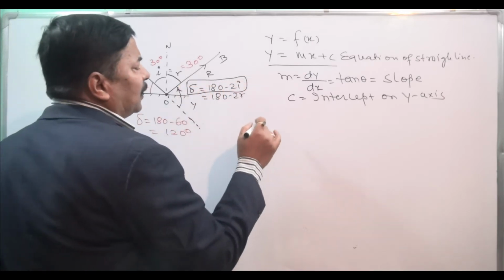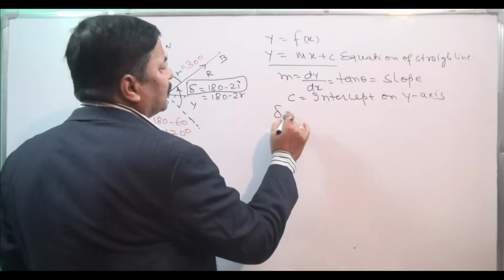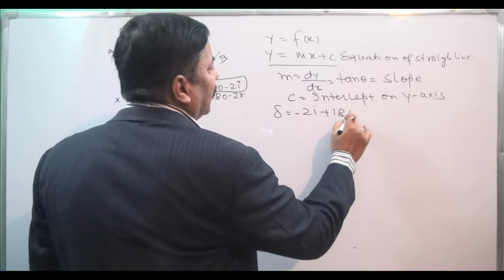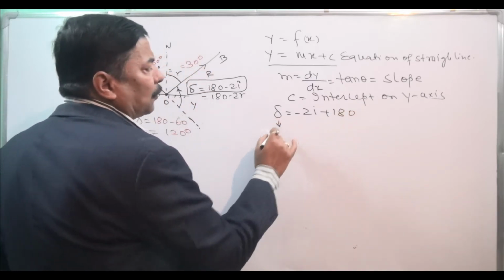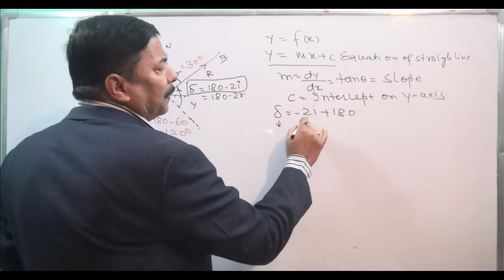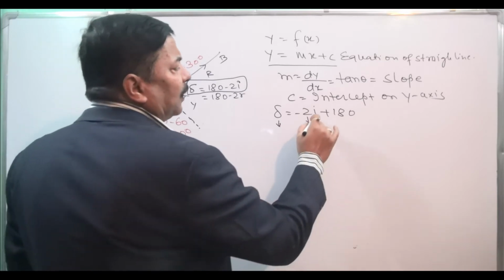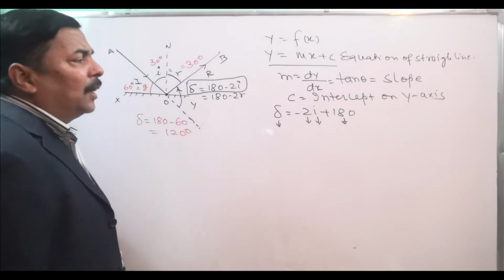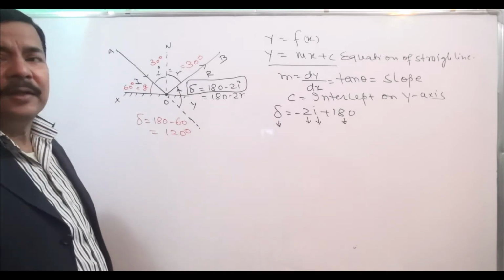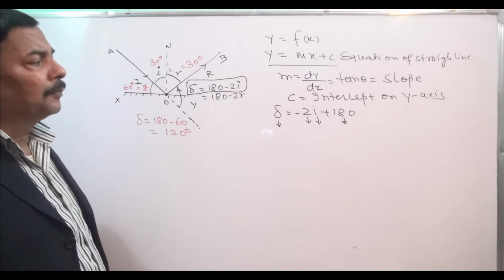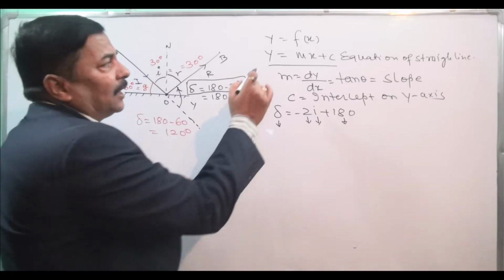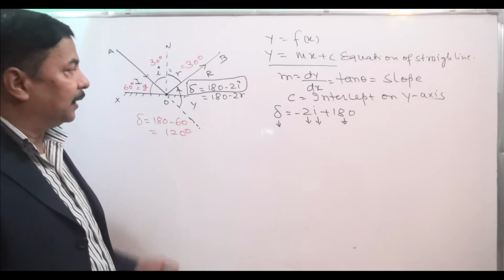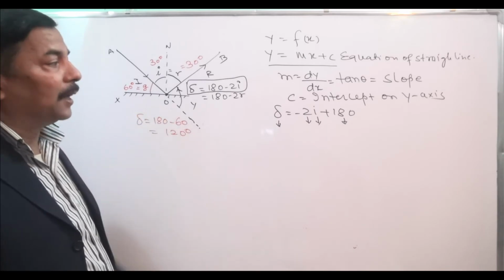So if I write it in this way, delta is equal to minus 2i plus 180 degree. This is in the place of y, this is in the place of m, this is in the place of x, and this is in the place of c. Now let us try to analyze the graph between delta and I. As here it is a straight line, so this will also represent a straight line in the case of plane mirror.